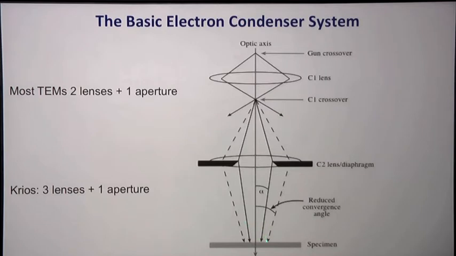This means we get a more parallel beam that's more coherent. Now the Krios actually has three condenser lenses, and that's a nice trick, because then you don't need to do this anymore. You can set the parallel illumination condition independent of the apertures. But that's really the main difference between the Krios and the Polara. And for our purposes, either one of them can achieve a good enough beam to do what we want.